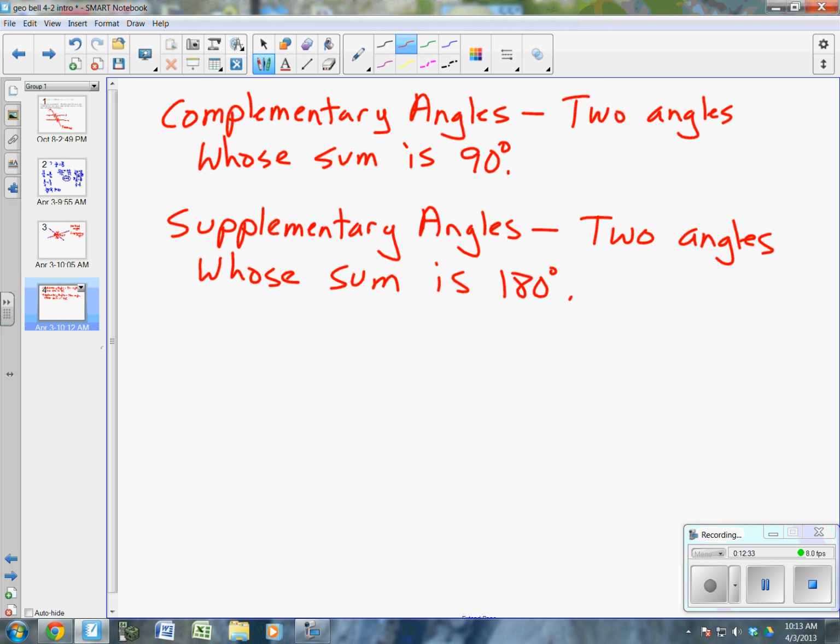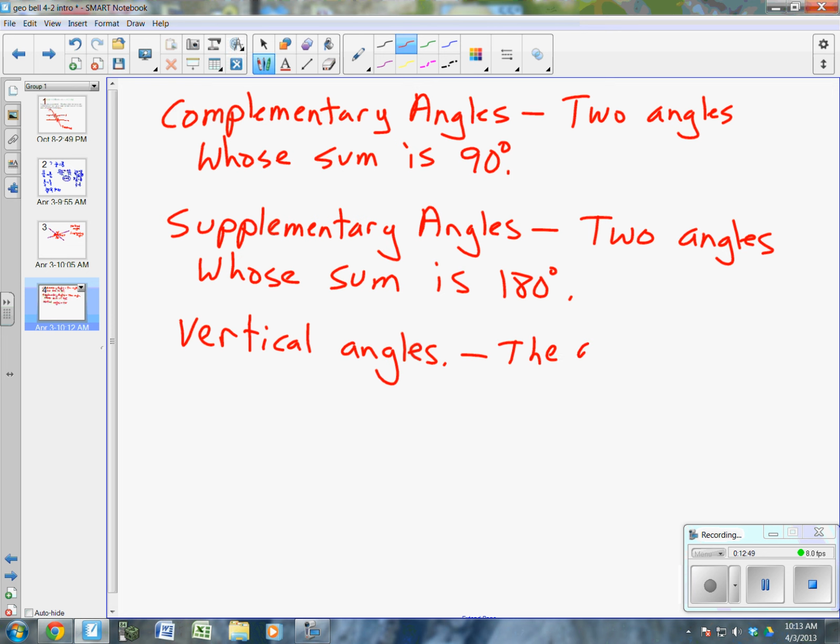Okay, the third word is vertical angles. Good.